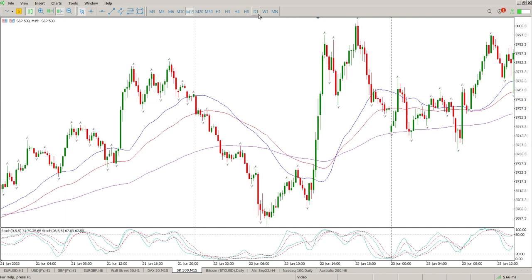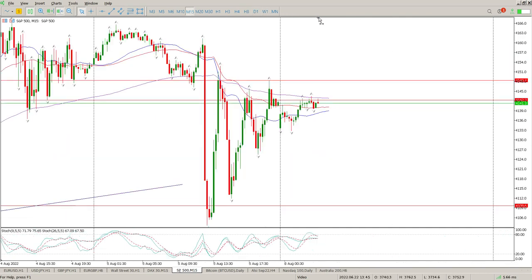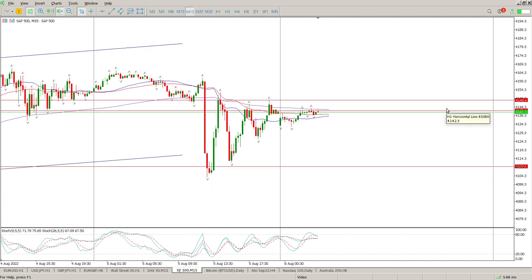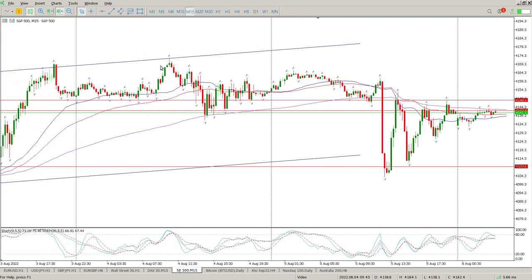But for me today, on the 15-minute chart, because this is a Monday, it's going to be fairly muted. So this is the area to pay attention to. Start breaking above this area, 4150, looking for a leg higher, and you probably see it heading to this base here.